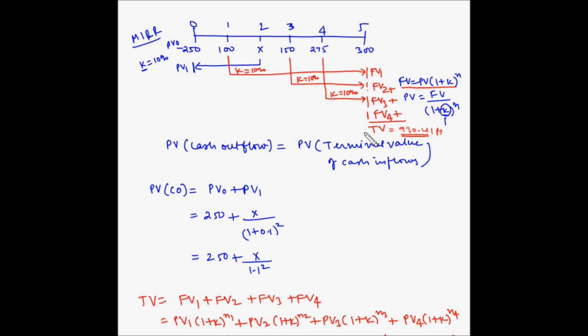So now we have to find out the rate at which the present value of this terminal value of cash inflows will be equal to the present value of the cash outflows. Let's say this is PVT, and this rate at which these two will be equal will be the MIRR. And we have been given that MIRR for this project is equal to 13.5%.